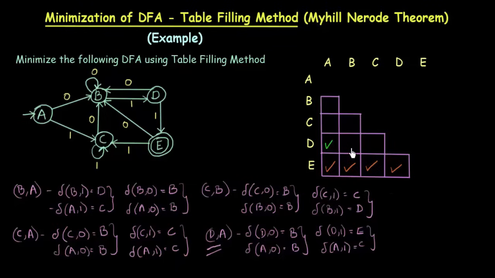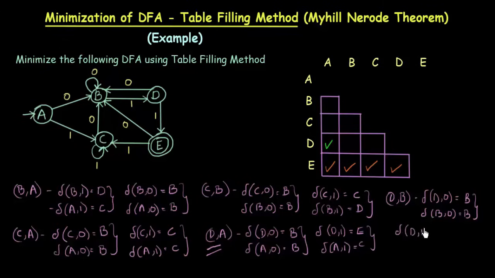Now let's come to the next one. We should check for DB. Where does D go on getting input 0? It goes to B. And where does B go on getting input 0? It goes to B. So BB is not a pair in the table, so no need to do anything. Now let's check for inputs 1.